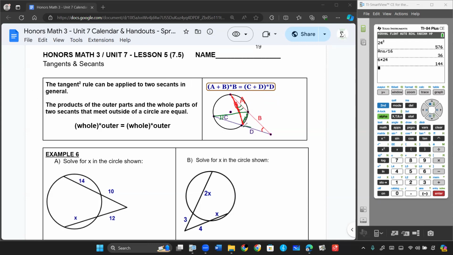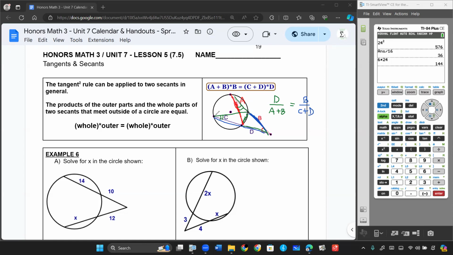I got this D right here. The ratio of D to the A plus B side in that triangle is going to be equal to the ratio of B to the C plus D side of this triangle.